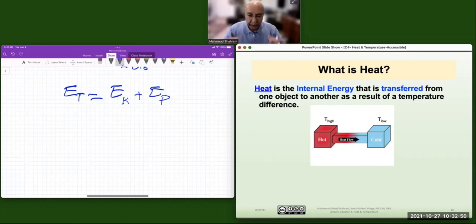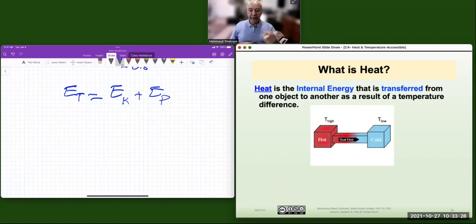So when we talk about internal energy, it is the energy one object has compared to another object. Now you bring these two objects next to each other, what happens? The one with the higher internal energy transfers energy to the cold side. So the concept of heat is actually the transfer of energy from one object to another.